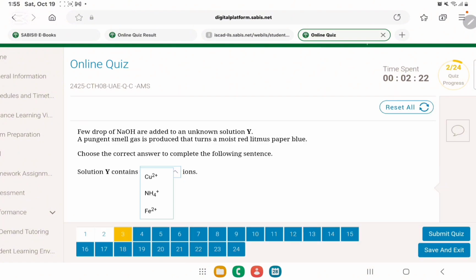Okay, so here a few drops of NaOH are added to solution Y, and a pungent smelling gas is produced. From the tables that we memorized so far, we know that two things produce a pungent smell: NH3 and NO3- when you test it.